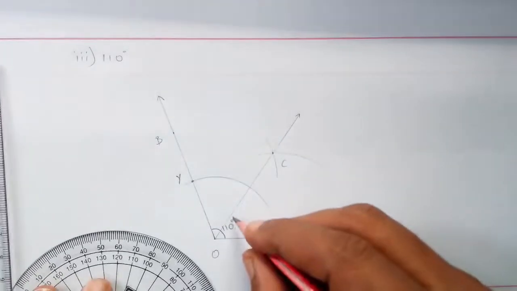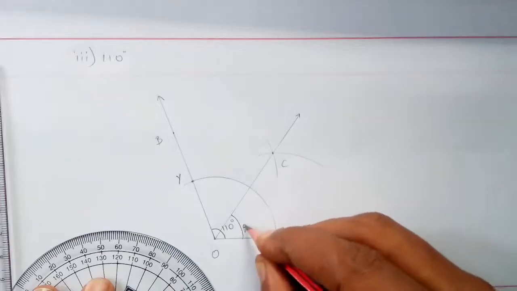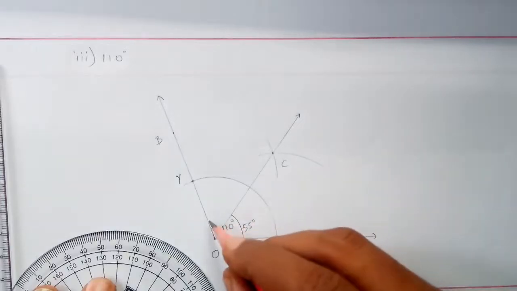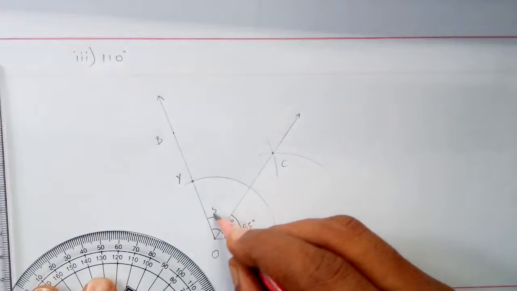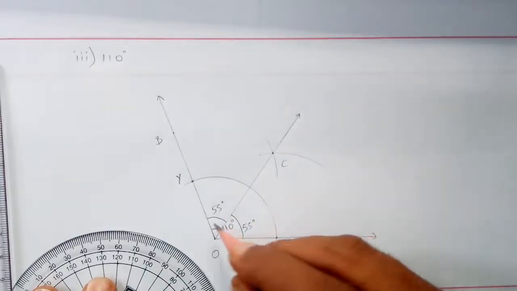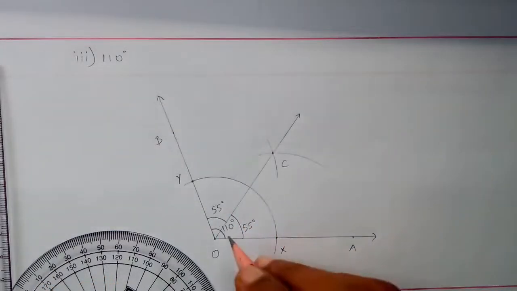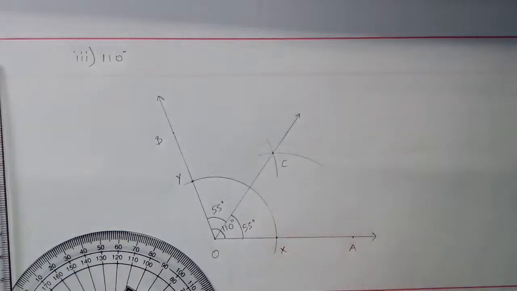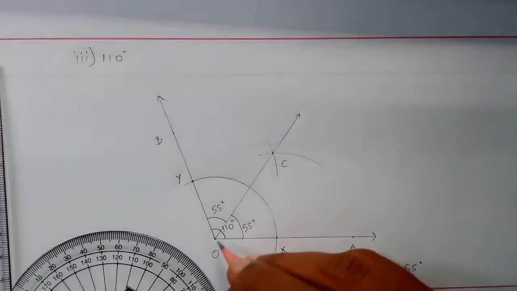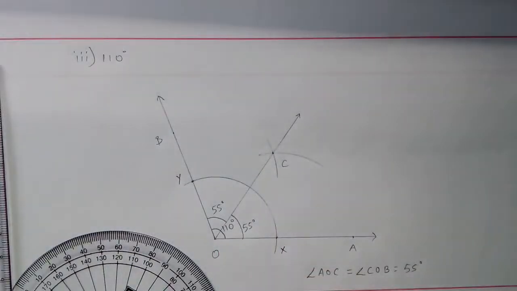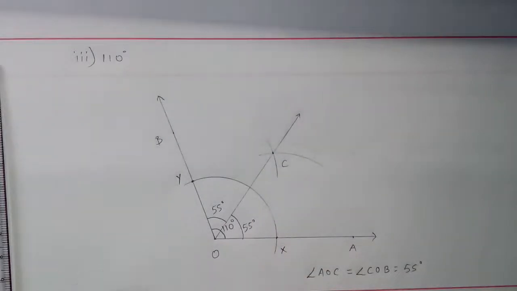So this angle is 55 degree. So this angle also will be 55 degree. Mention them separately. 110 and a half, it is 55. So angle AOC equal to angle COB equal to 55 degree, and this ray OC is the angle bisector of the given angle.